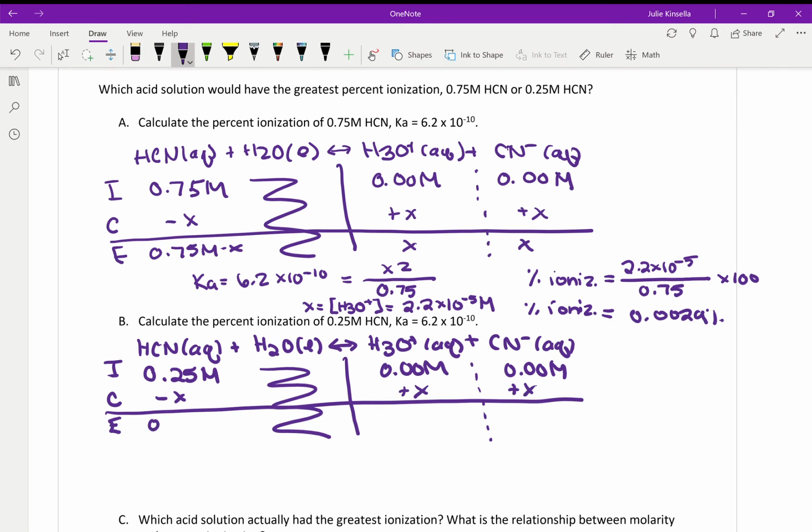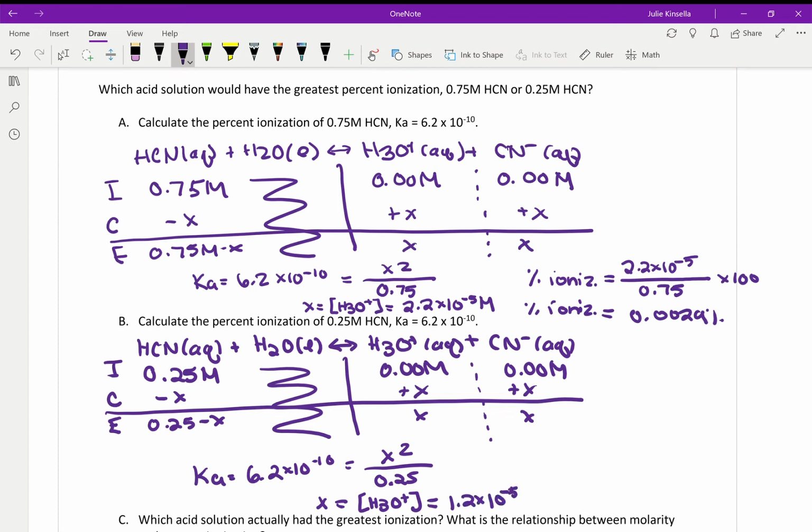Then, with the same Ka, we go ahead with x squared over that 0.25, making the assumption right off the bat. X, which is the concentration of hydronium, is going to equal 1.2 times 10 to the negative 5th.